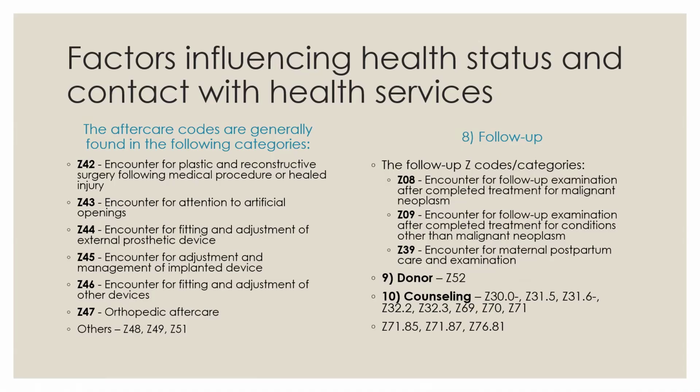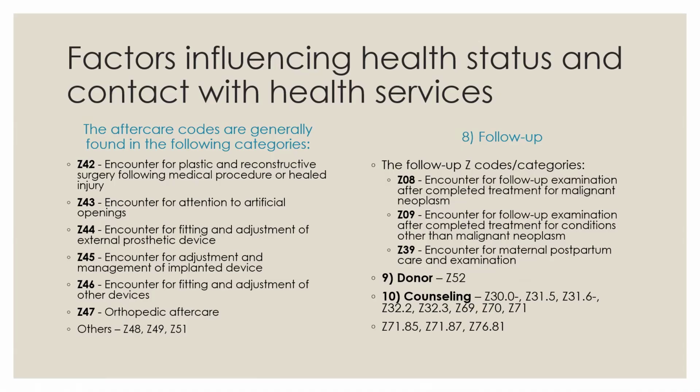If both transition counseling and treatment of a medical condition are provided during the same encounter, the code or codes for the medical condition or conditions treated and a code from Z71.87 should be assigned with sequencing depending on the circumstances of the encounter.